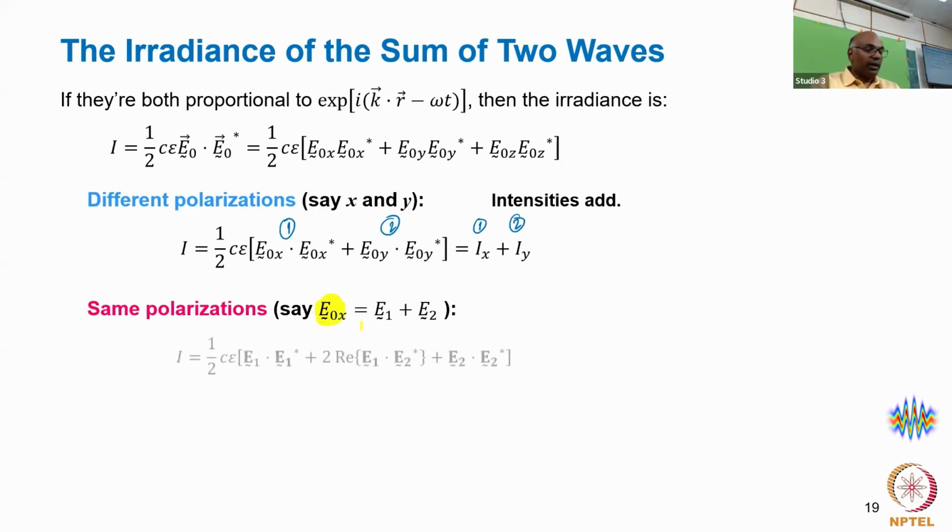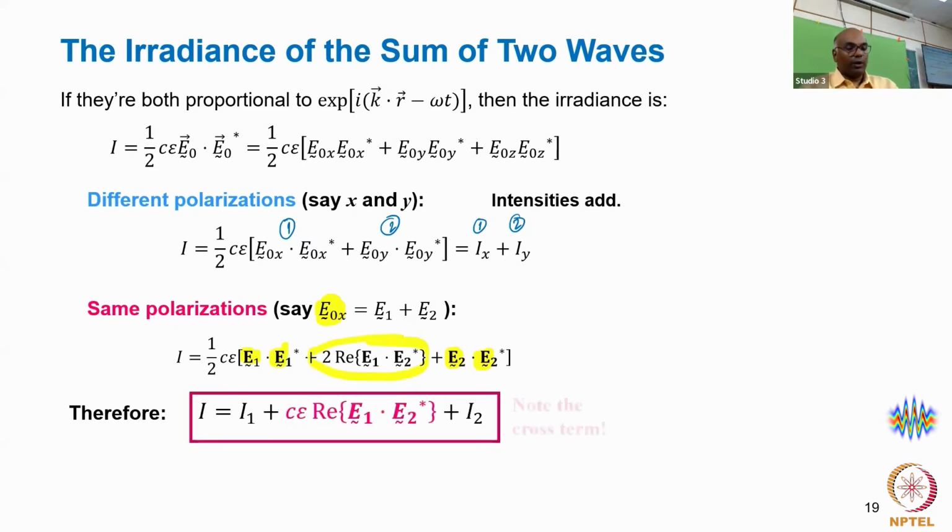Now let's compute the irradiance as we did earlier, and here we get three terms. The first term has E1 dot E1, the last term here has E2 dot E2, and we have an interesting term in between, which is a mix of E1 and E2, which we call the cross term. And this is where all the magic happens.